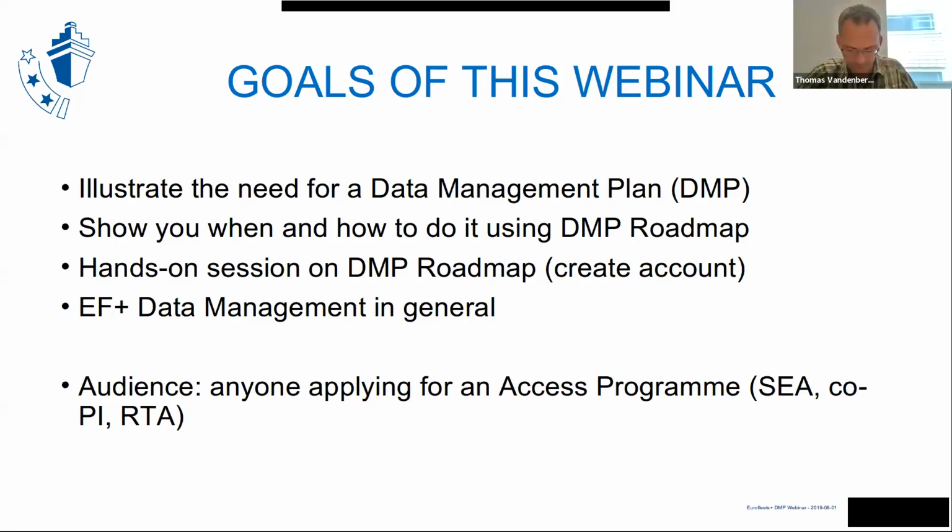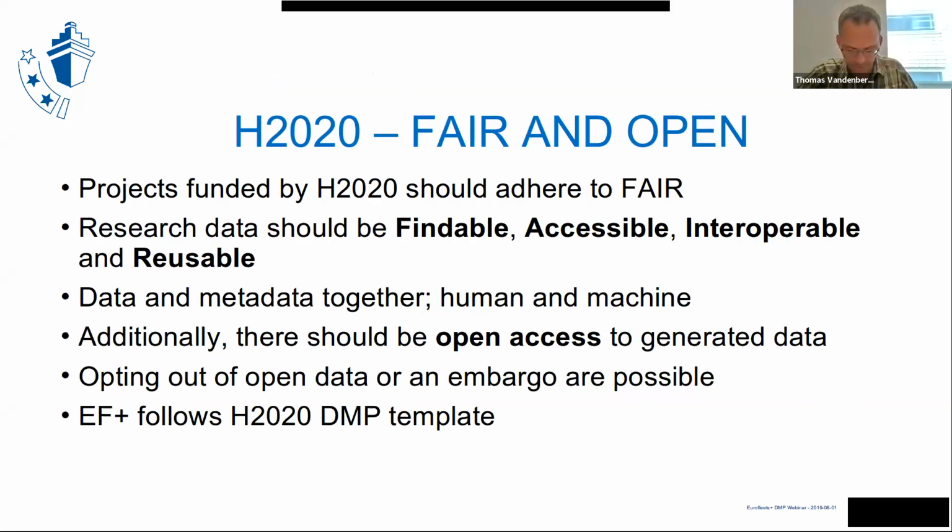So as I said, Eurofleets is a Horizon 2020 funded project, and Horizon 2020 asks of each project that they are FAIR and open. So Eurofleets is a project, and the funded cruises are considered sub-projects.